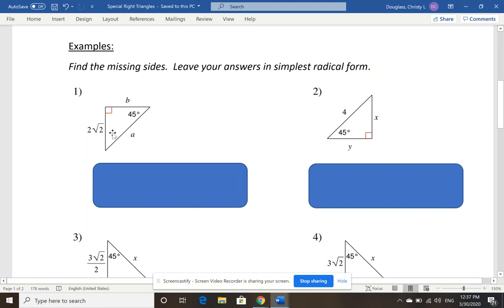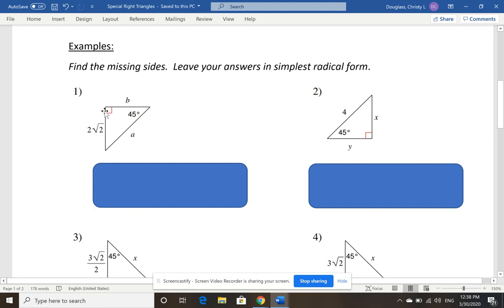We know that, first of all, in a 45-45-90, the legs are congruent. Well, let's talk about what the legs are. And it might be helpful to first point out what the hypotenuse of this triangle is. The hypotenuse of this triangle is the side labeled A, because that is the side opposite the 90-degree angle.